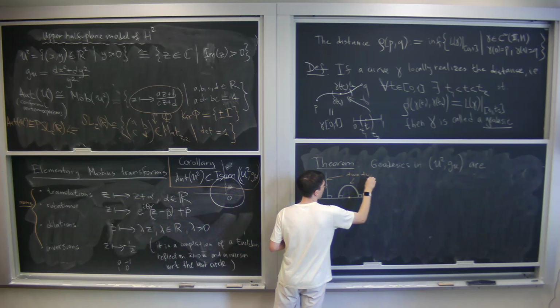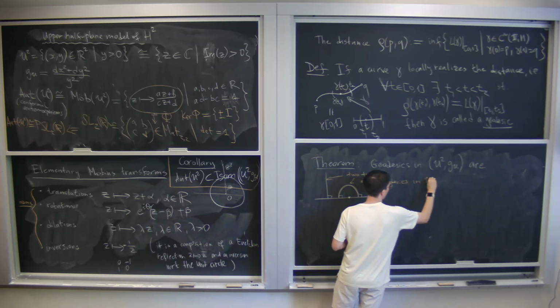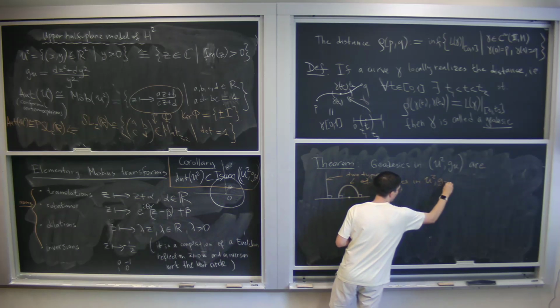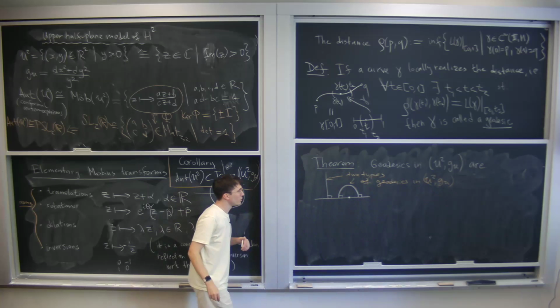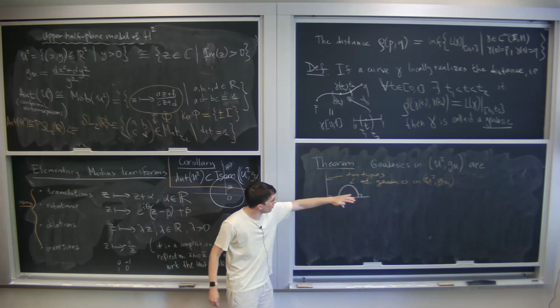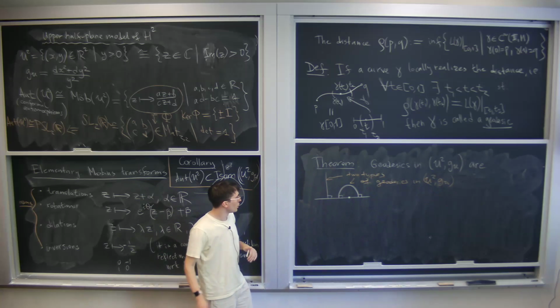Two types of geodesics in U2, but I really need to specify what the metric is, since in U2 with the Euclidean metric, only straight lines in any direction will be geodesics.